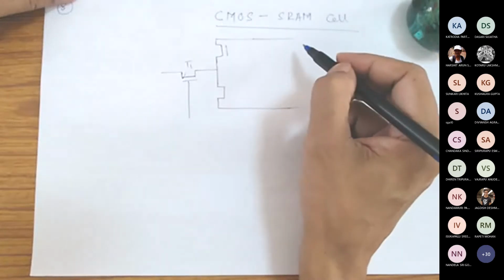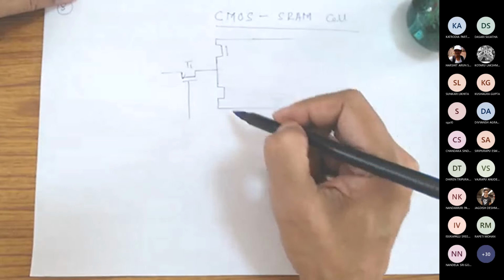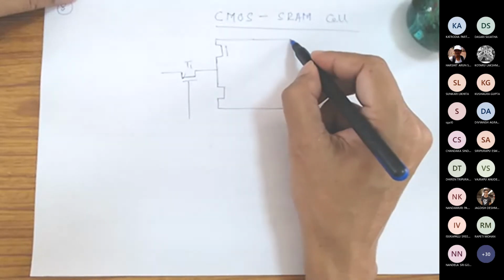This is the detailed design using a CMOS circuit, the complementary circuit for the latch.